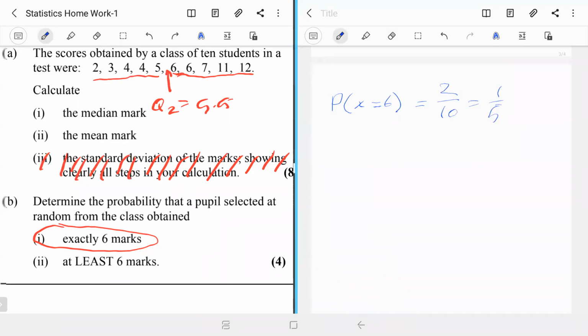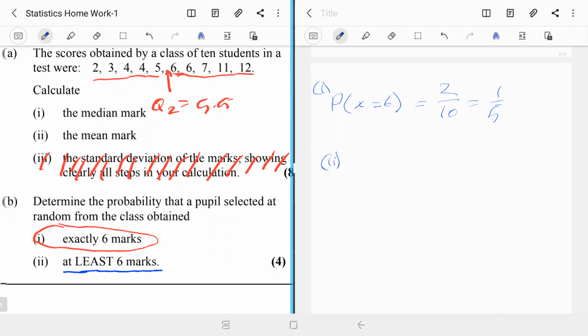The second part is saying at least 6 marks. What does at least 6 marks mean? At least means 6 or more. Just think of money. If you must have at least $6 to do something, it means you need $6 or more.